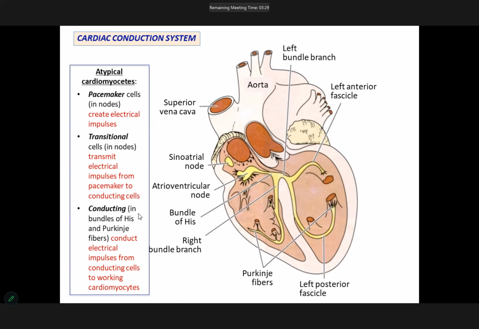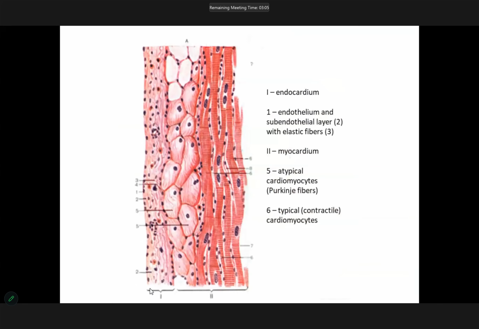And conducting cells, making elongated structures named His and Purkinje fibers. They consist of conducting cardiomyocytes, and they conduct electrical impulse from these conducting cells to working cardiomyocyte to make them to contract. This is how these conducting cardiomyocytes look like in our histological section.